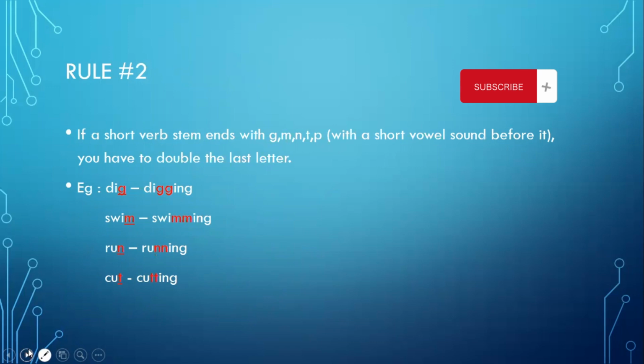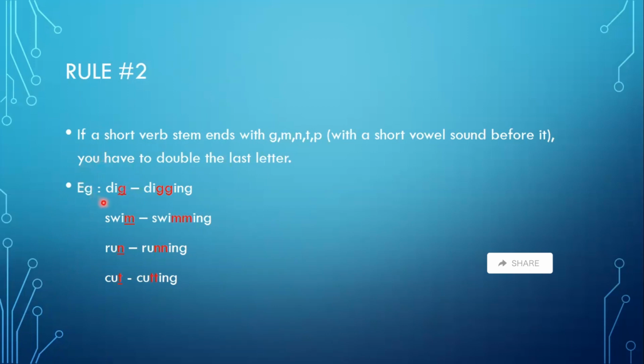If a short verb stem ends with G, M, N, T, P, with a short vowel sound before it, you have to double the last letter. I know you haven't understood this just by looking at the definition. So we'll move on to examples. See the first example, dig.